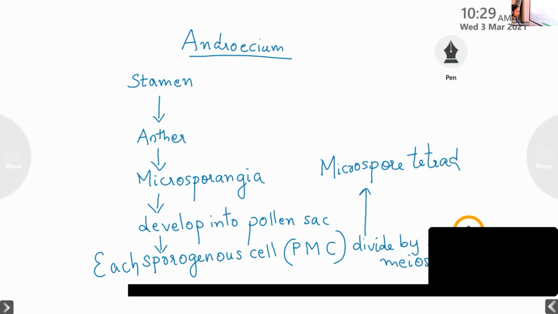They will divide by meiosis and form microspore tetrads. And these microspore tetrads will develop into pollen grains, and pollen grains we can call the male gametophyte.